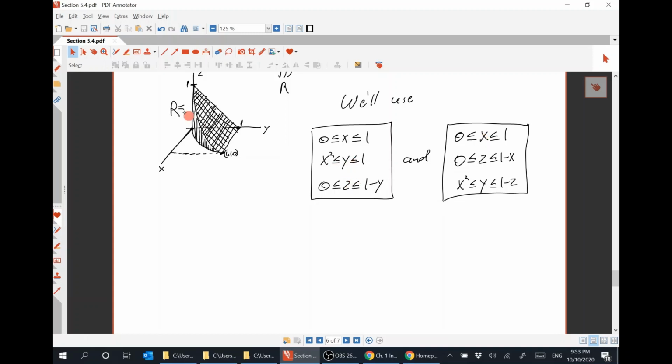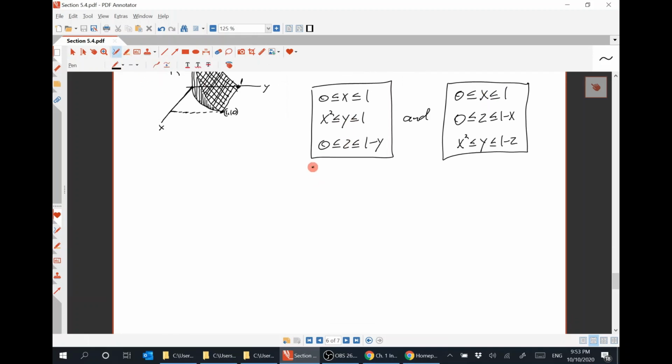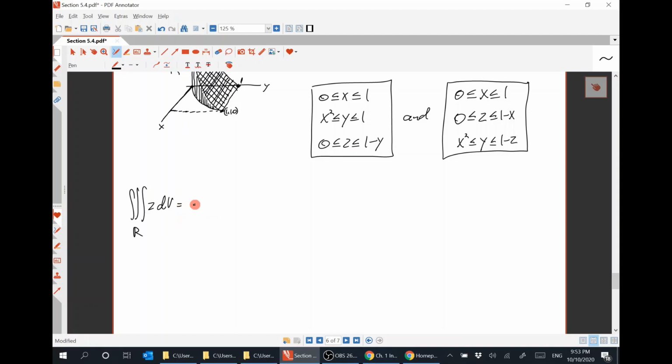So we're just switching the y and z around each time. Alright, so the triple integral of z dV over R is equal to the triple iterated integral from 0 to 1, x squared to 1, 0 to 1 minus y, of z dz dy dx.